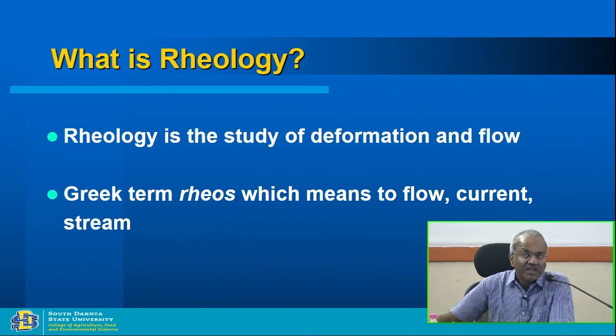In terms of food material, rheology is a borrowed technology, a borrowed phenomenon we studied. It dates back 50 years, to 1970. People started talking about rheology of food material, mechanical properties of food material. Before that, nobody knew about anything. Nobody even studied that. At that time it was just a material, that's all they cared about. There was no scientific study of this material in terms of rheology.